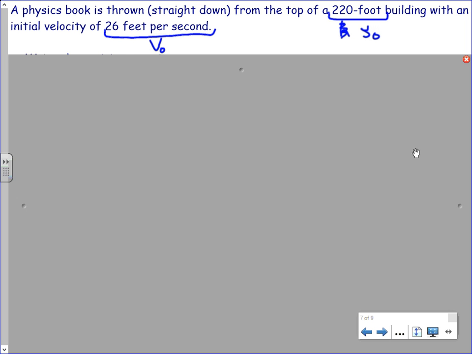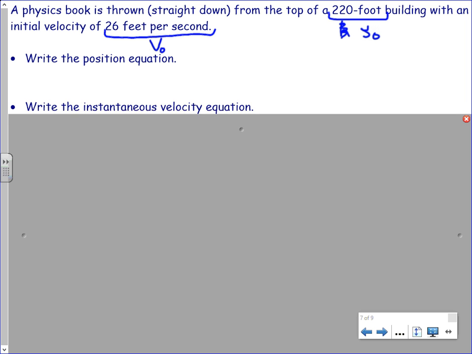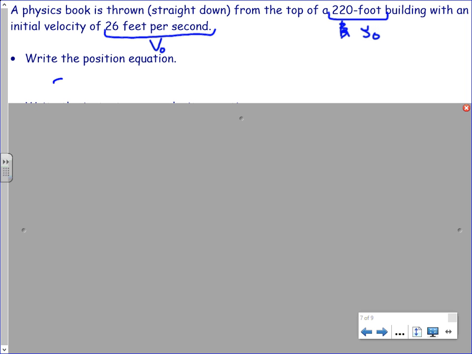Write the position equation. All right. So 1/2 times gravity would be -16. We are throwing our book down, which means what about the velocity?